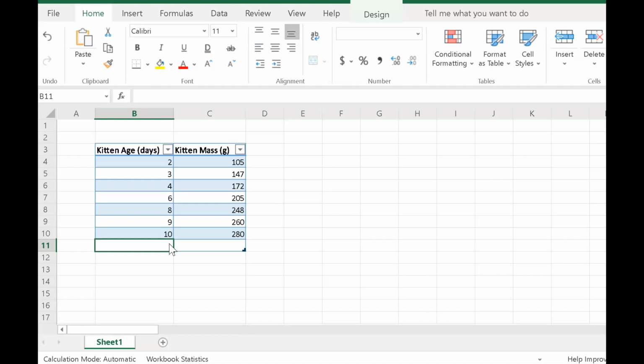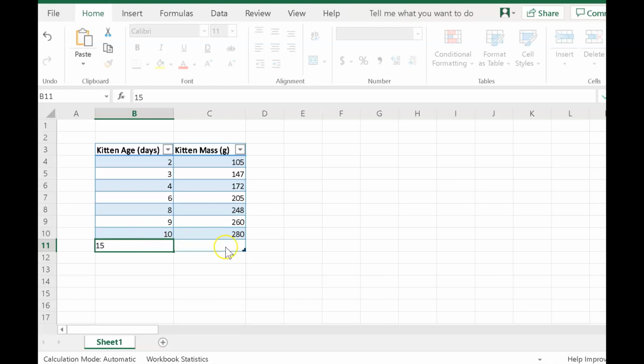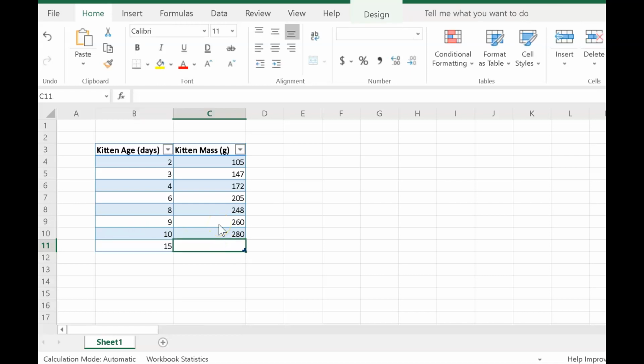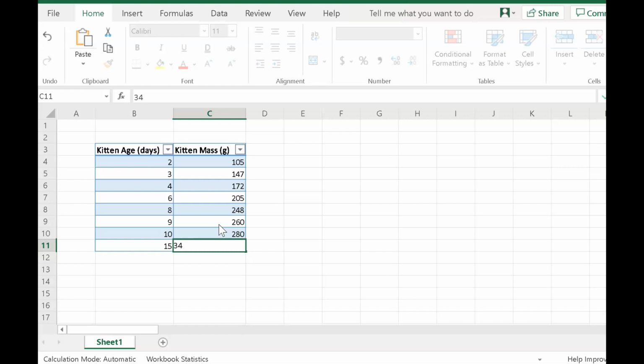Okay, let's see, for example, day 15. On day 15, we are looking at 340 grams, which is going to be a little bit over 2 weeks old, right? So what did I say? 340 grams, right?